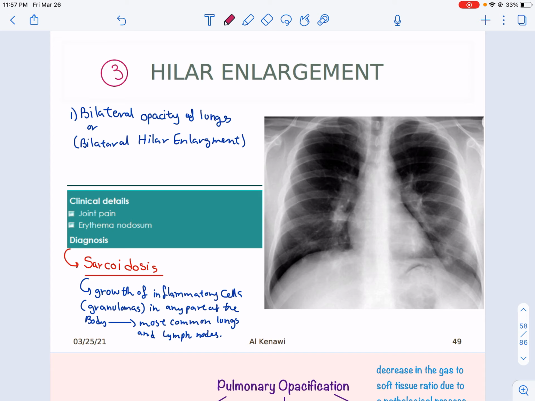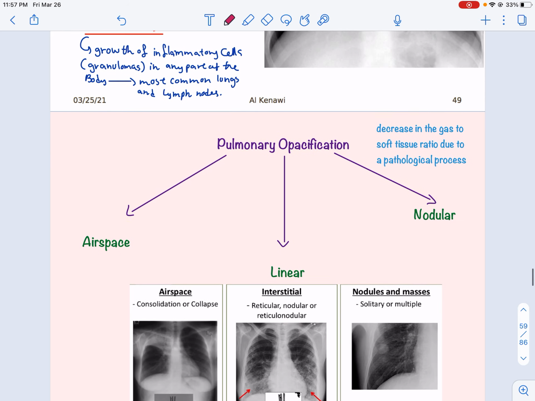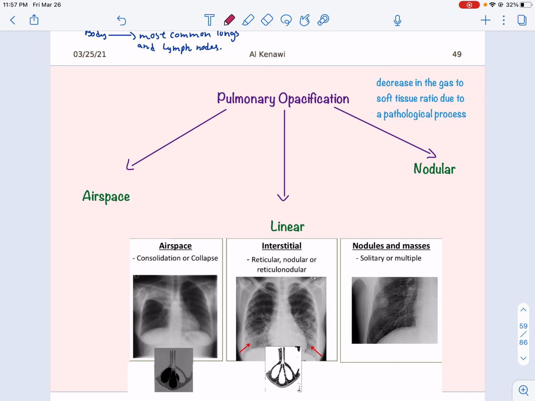So hilar enlargement, this is the third abnormality. If we see a bilateral opacity of the lung, bilateral opacity of the lung يعني هذا الكلام. Basically إذا بنشوف الpulmonary opacification حنشوف إنه هو إيش أصلاً هو decrease in gas to soft tissue ratio due to a pathological process.